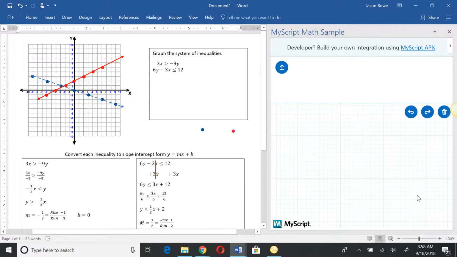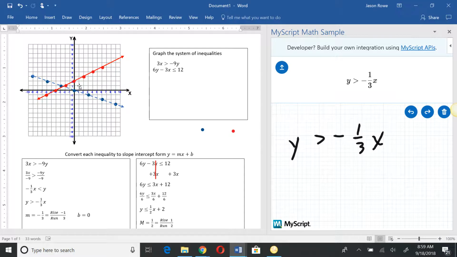So if I have y is greater than negative 1/3 x, and if I say I pick a point, and I'm going to pick a point in this top region. So I'm going to pick 1, 1 right here. If I insert that into the inequality and I get a true statement, then I know that's a solution.